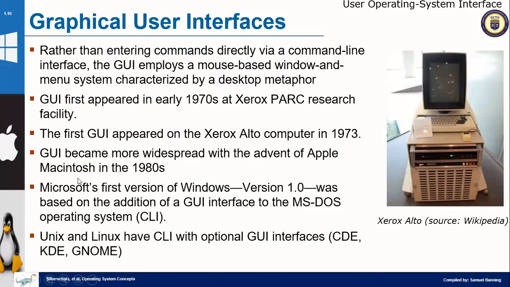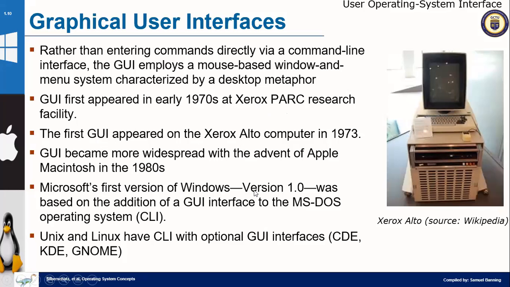The GUI first appeared in the 1970s at a research facility called Xerox PARC. The first GUI appeared on the Xerox Alto computer in 1973. Then the GUI became more widespread with the advent of the Apple Macintosh in the 1980s.